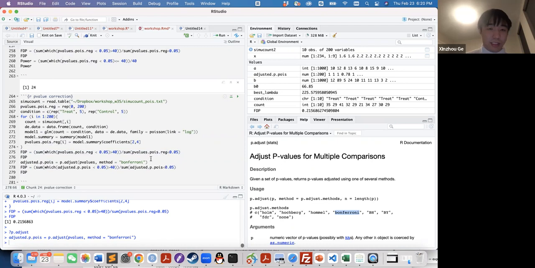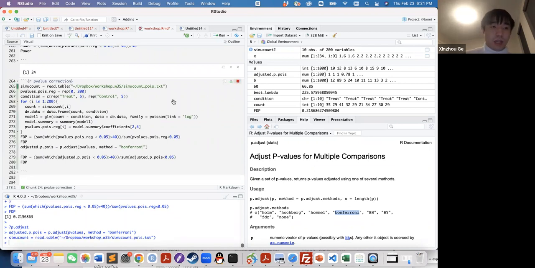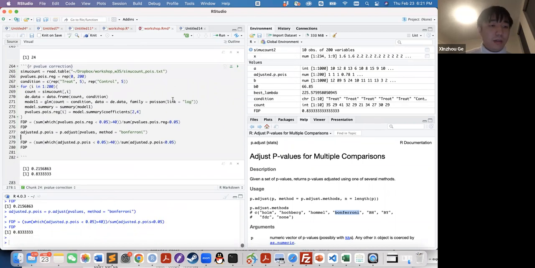So we just copy the formula for FDP and calculate it again. Okay, we do the calculation, and I guess I made a mistake here. p.adjust p-values.